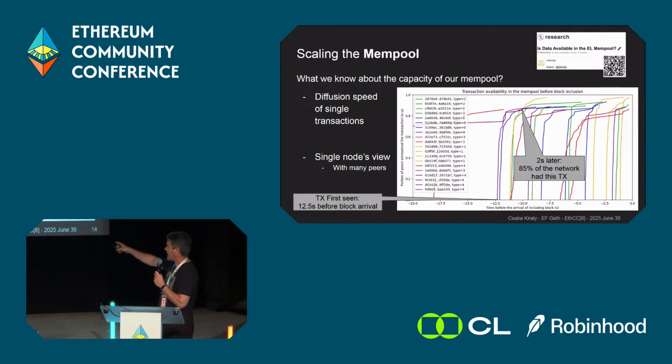So if you take one example, that was hitting the mempool 12.5 seconds before it was included in the block, and then it was spreading. And in 10 seconds, 85% of the EL networks seen that transaction in the mempool. So it is spreading fast. This is not meant to be fast. Here we are not on the fast path, but it's sufficiently fast. And even for the red ones, for blobs, you see that they are spreading fast.